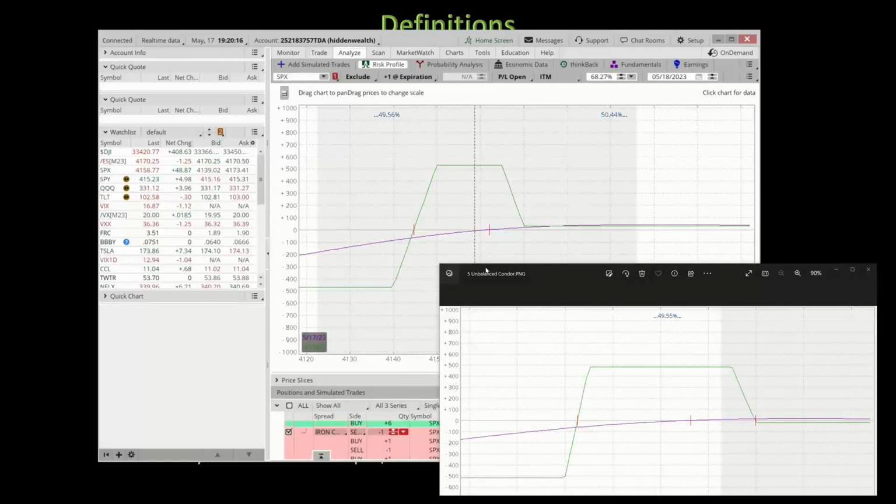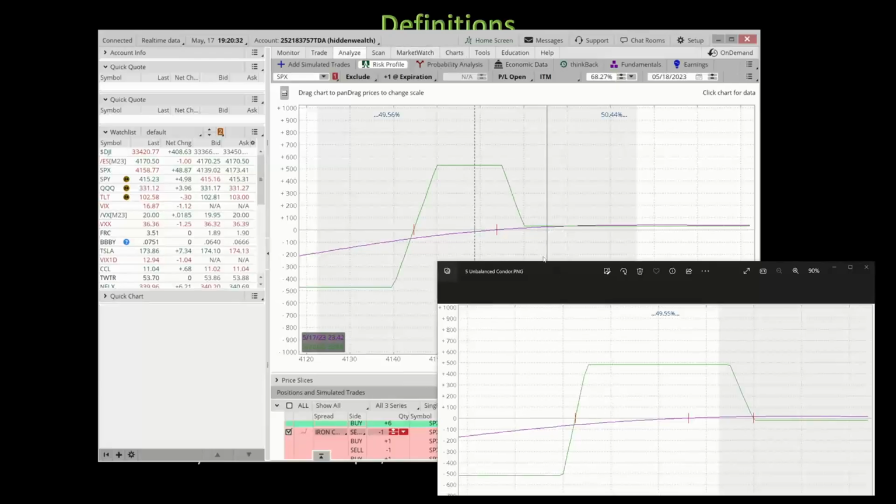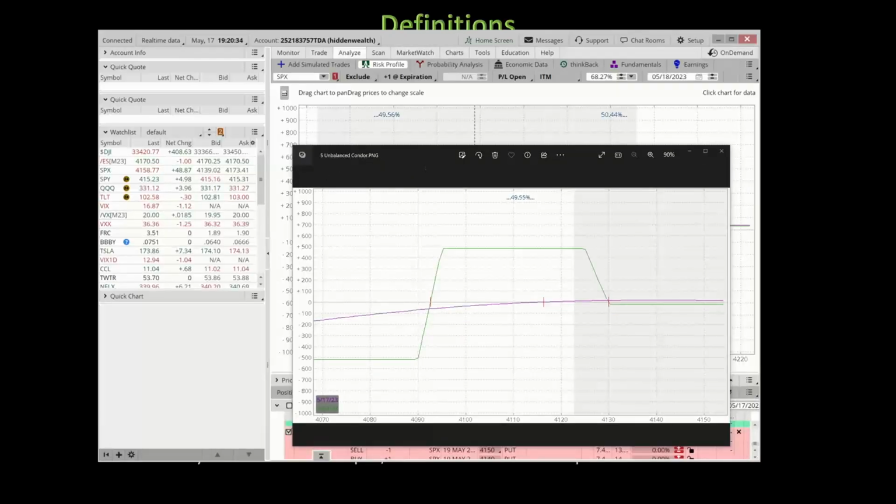They're going to be used to create the same sort of a profit zone, but you will see that with this unbalanced condor, the strikes at the bottom, we're looking at the 30, 20, 10, 4100, 4090, when the market closed up here at 58.